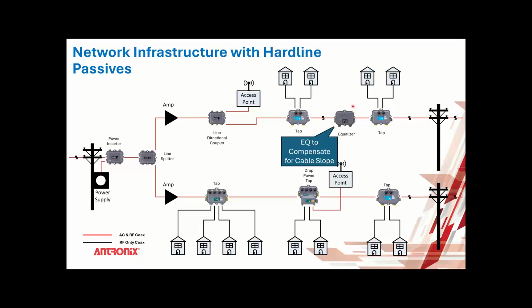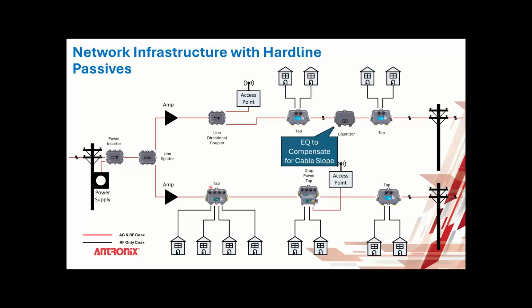An equalizer, in this case an inline equalizer that's hardline in the network, actually has an upward slope. So when you add the two together, the frequency response of the equalizer balances the loss that is in the cable slope on the network. So you have a flat response after the equalizer. So these are some of the main components in here.